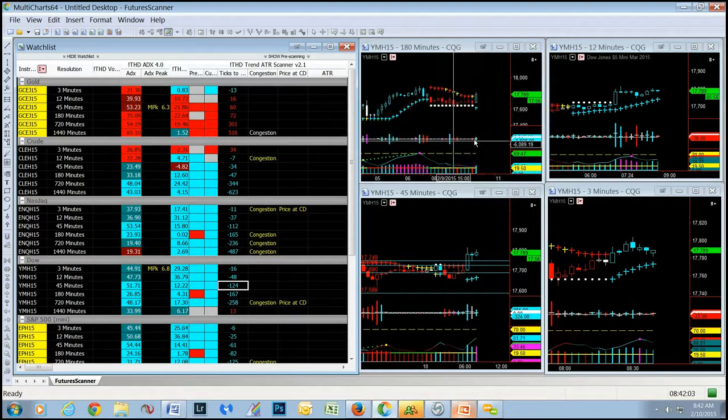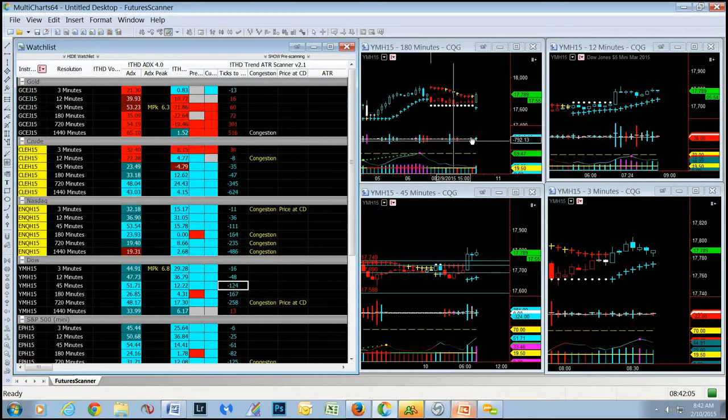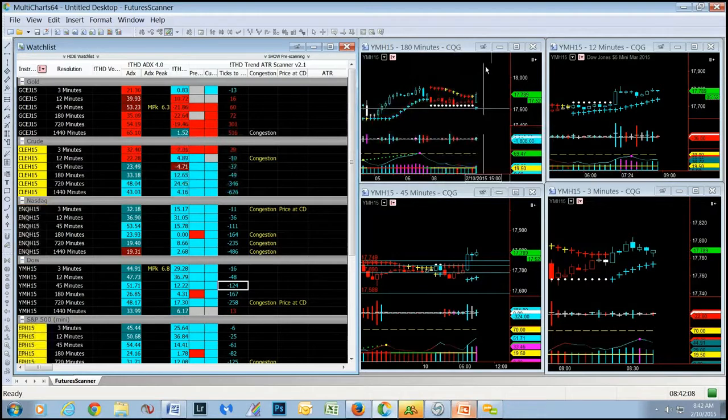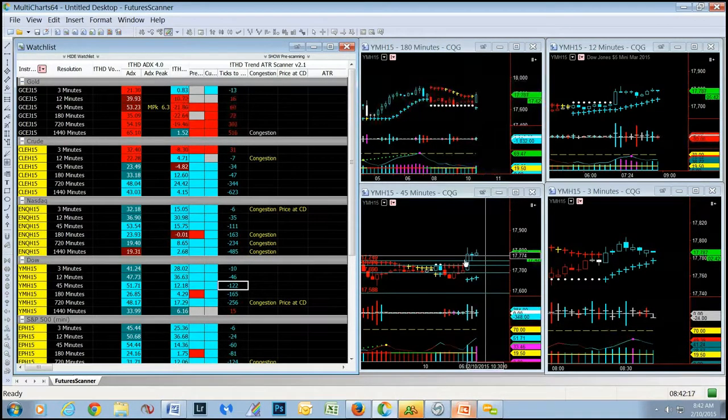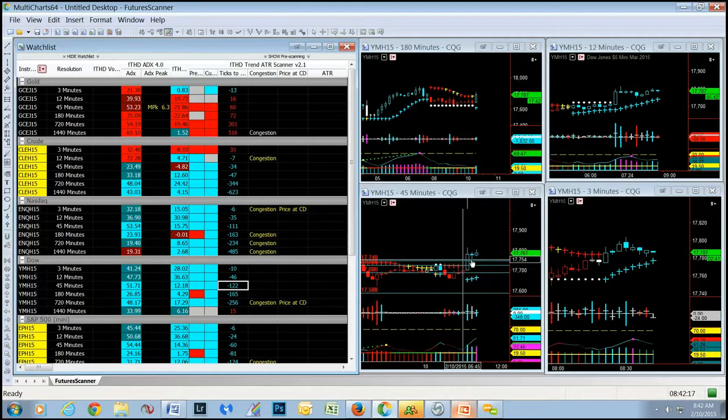And you also see that sellers never really stepped into that market, so it is moving up. Okay. Now on the Dow, notice you're not getting a congestion dot. Okay. It has broken through this top level here, so it may come back and test this level.